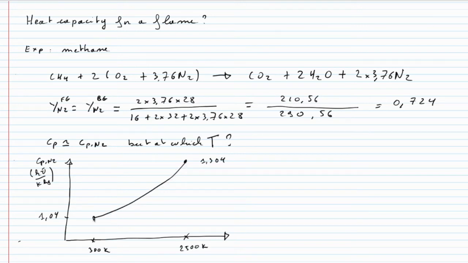Under these temperature conditions, the heat capacity of nitrogen rises up to 1.3 kilojoule per kilogram per Kelvin. In a first order approximation, there is roughly 30% variation of the heat capacity of the mixture within a flame, which is a lot. So, as a conclusion, Cp varies strongly with temperature, at least in a flame.